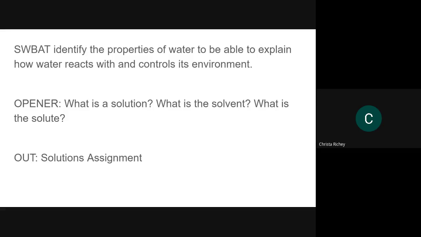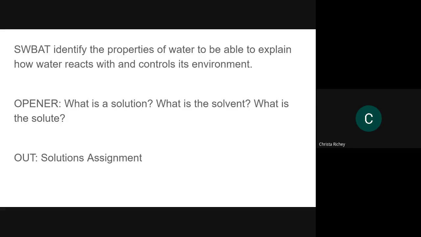Now that is a blanket statement. So the solvent is normally a liquid. It doesn't have to be, but that's the thing that does the dissolving, the solvent with a V. Whereas the solute is the thing that is dissolved. It doesn't have to be a solid.